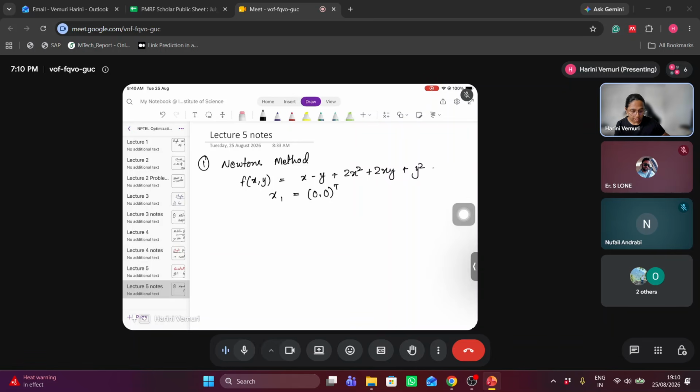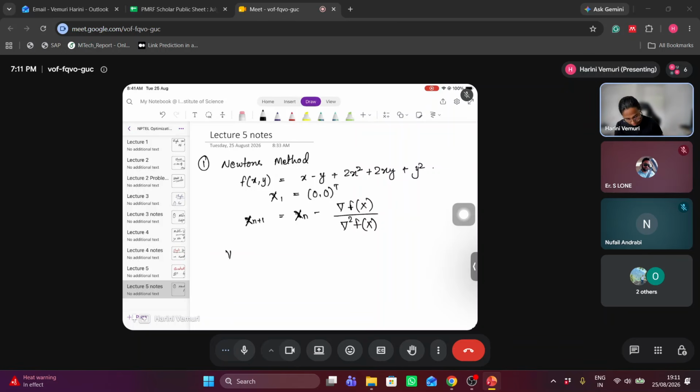So what was happening was, when we are finding the roots, x n plus 1 equal to x n minus the del of f of capital X by the Hessian matrix of X. That's how you do it, right, for this?